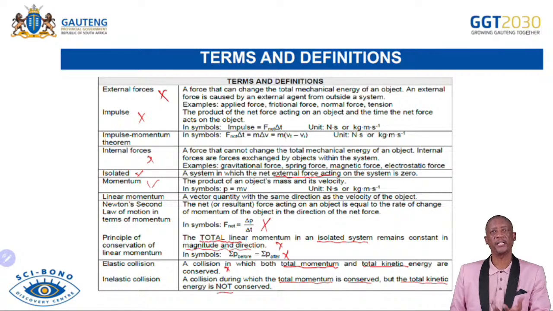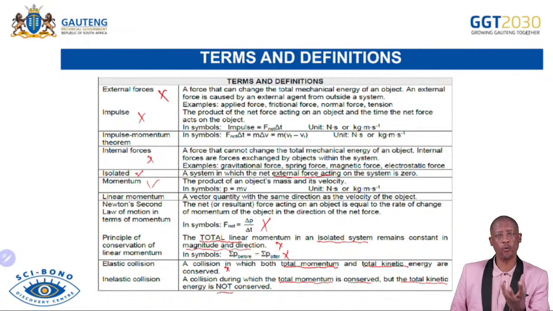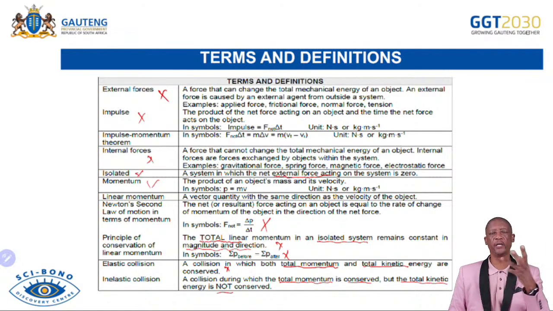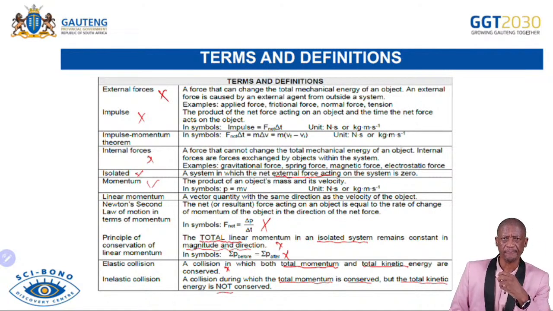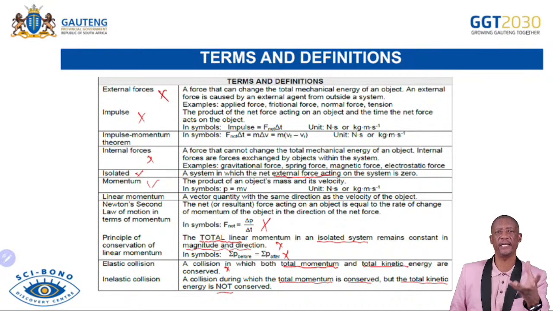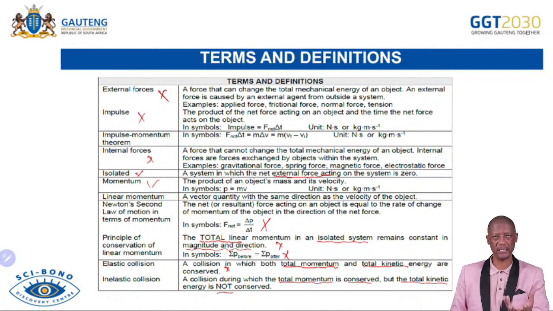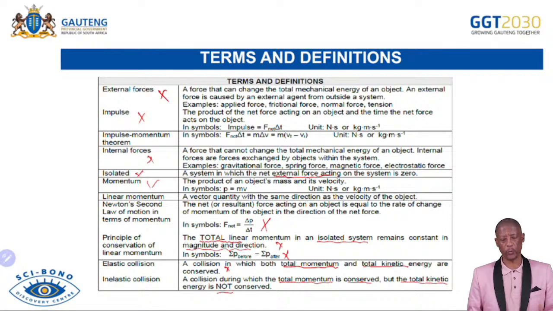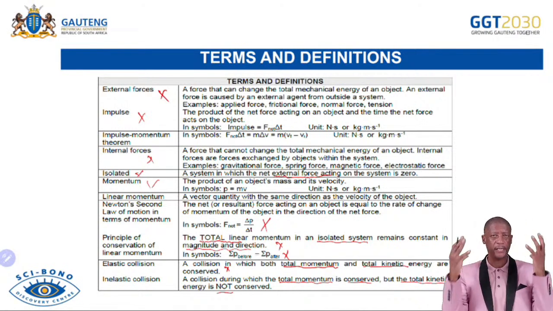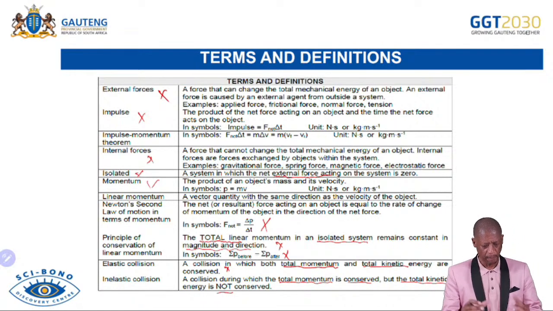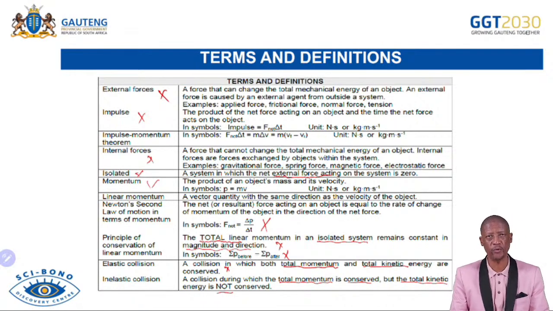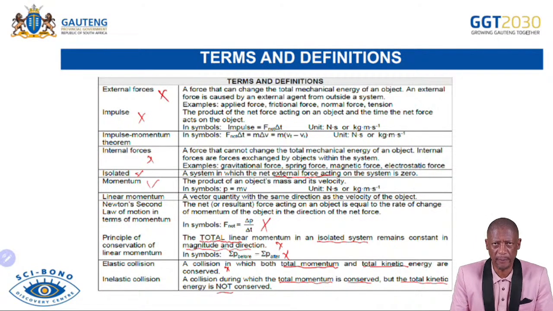So you can get 20 out of 20 if you know how to work with your definitions, because they will be there in your multiple choice questions, not in terms of defining them, but in terms of giving you options, and you only choose the answer. So we don't play the choosing game, but we work things out through the knowledge that we have. These are the definitions that we need to know under the topic momentum.